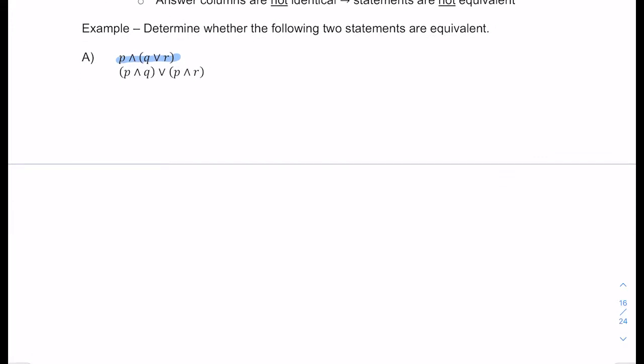First let's take a look at the blue statement. We have P, Q, and R, which means we need a column for each of those. I need to take my statement Q or R, and then I need a column for the answer, which is P and (Q or R).